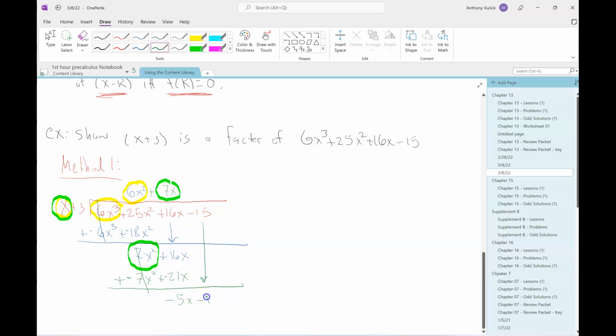We'll bring that last part down. And then I'll ask what times the leading coefficient of our divisor gives us the new leading term in our dividend.